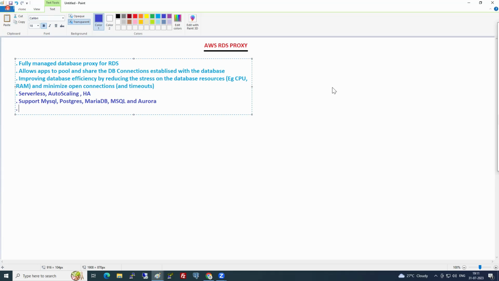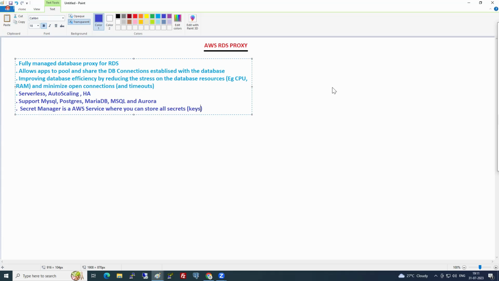Secret Manager is an AWS service where you can store all your keys. Write that down. Secret Manager is an AWS service where you can store all secrets.